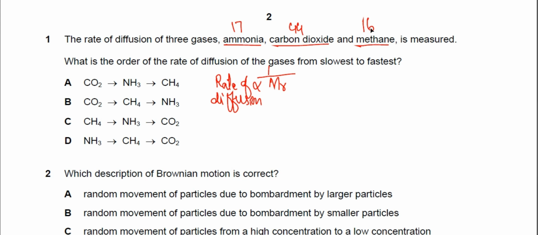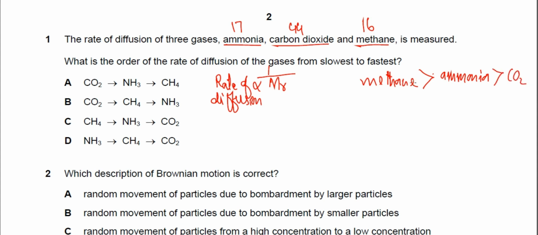So I can easily say that the fastest will be methane. Then the next fastest will be ammonia, and then at the end, carbon dioxide.